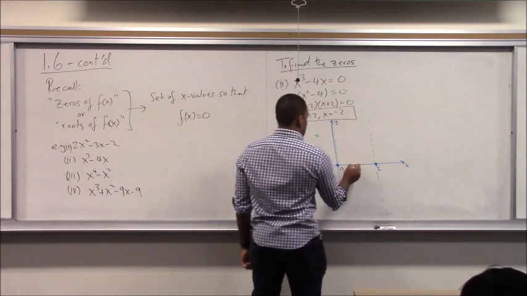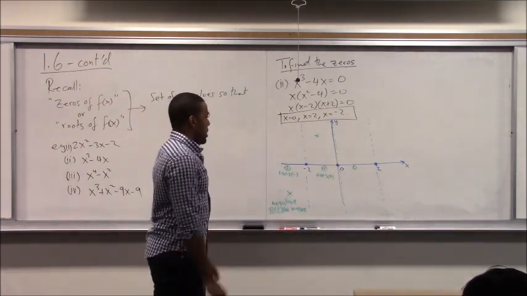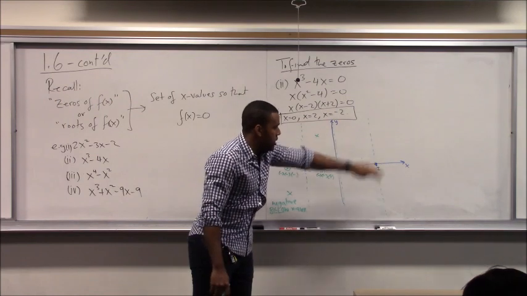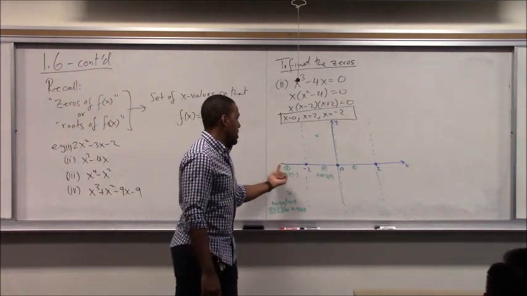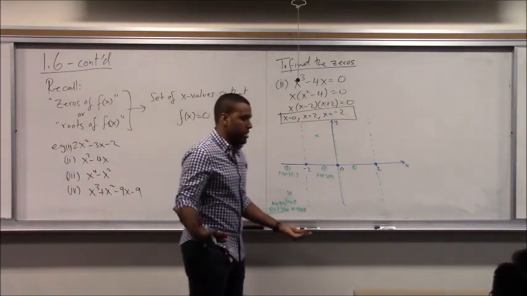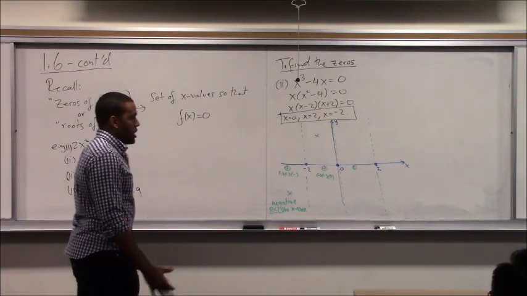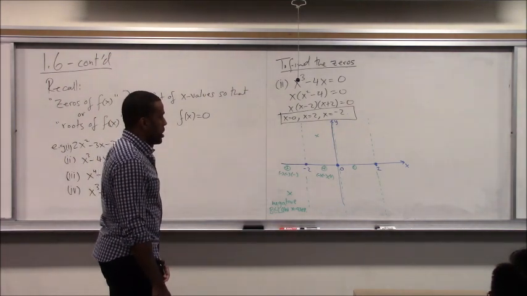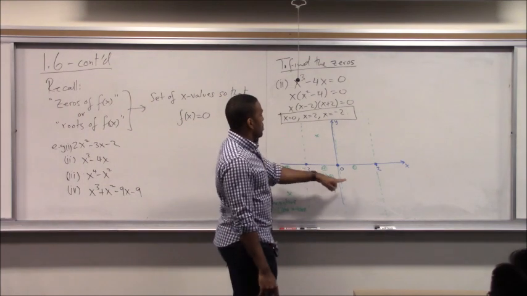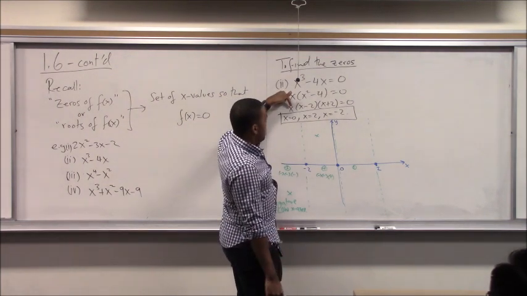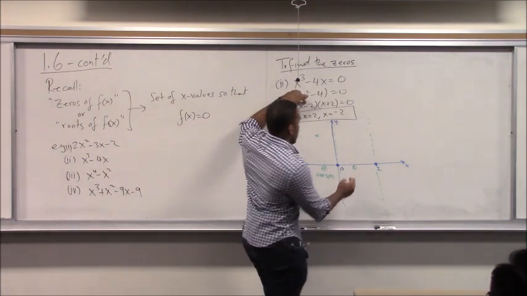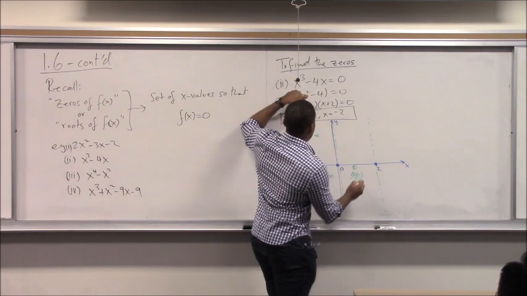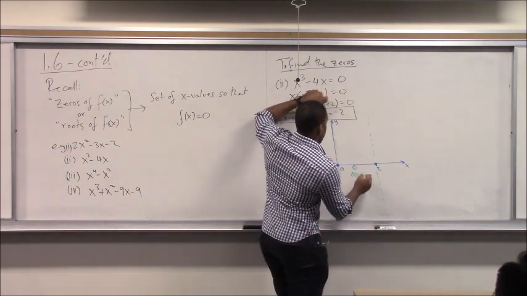Plug in a number over here in this region. The zeros really separate the regions, so I only need to test one value. I'm just testing the easiest value, because every value in that region will behave the same. So if I plug in a 1, that will be a positive here, times a negative, times a positive.